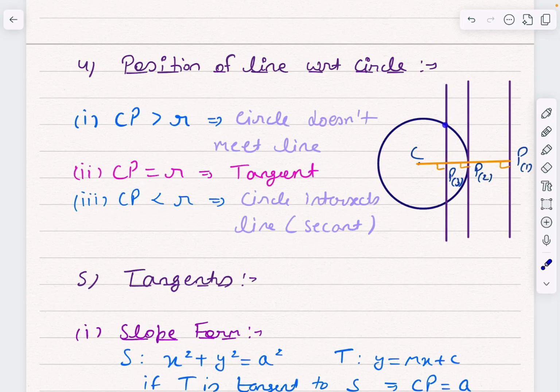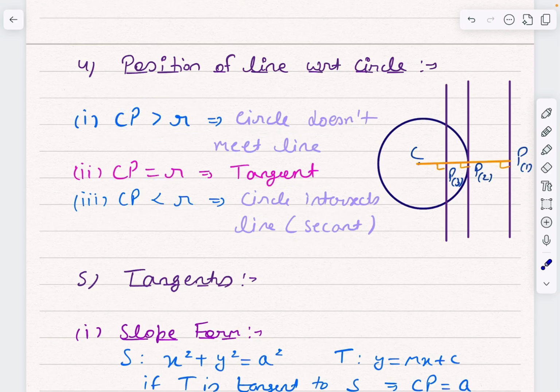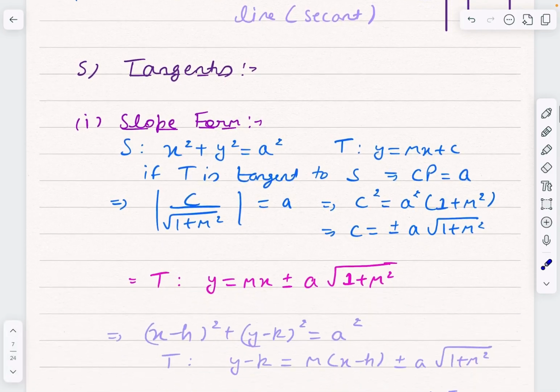Basically, the chord is the part which lies in the circle, like this part we call a chord. The complete line we call a secant. So CP more than R, outside; equal to R, tangent; less than R, secant, or it intersects the circle at 2 points.